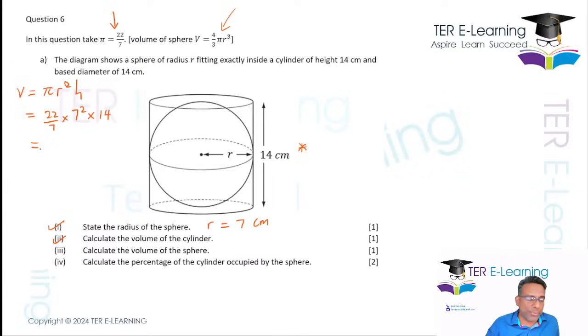When you work this out, you're going to get 2156, and this is volume, so that is cm cube. That's the answer for the volume of the cylinder.